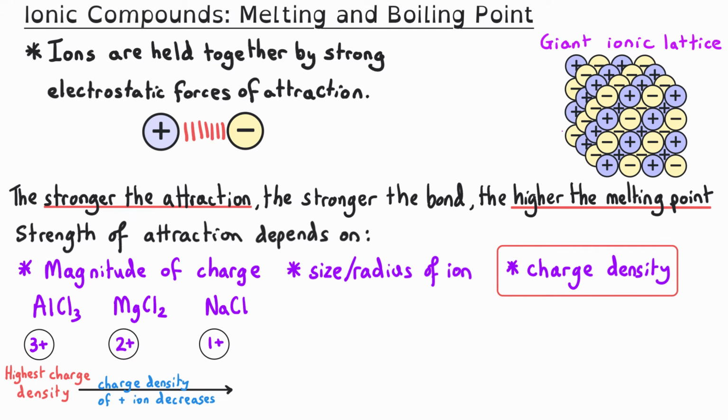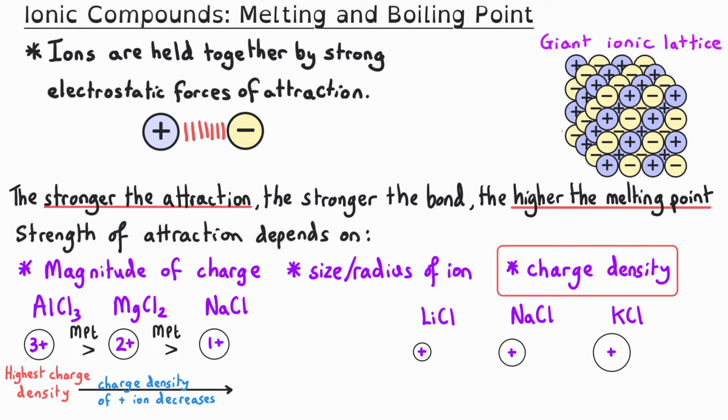And so the melting point of aluminium chloride will be greater than magnesium chloride, which is greater than for sodium chloride. As a second example, for the chlorides of the elements in group 1, since all of these positive ions have a 1+ charge, any difference in melting point must be due to the radius of the positive ion.